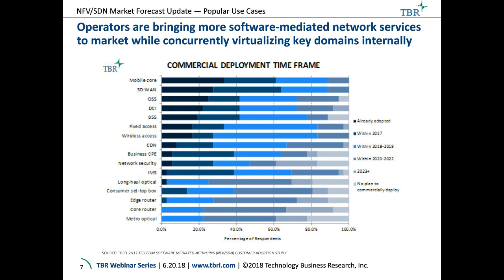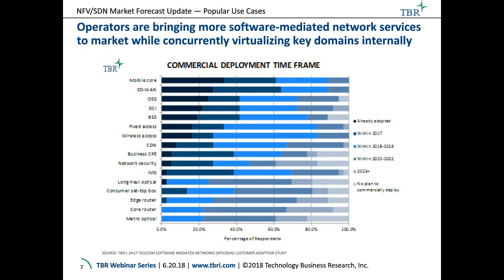We're talking with those types of roles within the operators. We spoke with a fairly diversified cross-set of operators across geos, and this is what they told us. So basically, the darker the color, the more widely adopted that particular domain has been within these telcos.